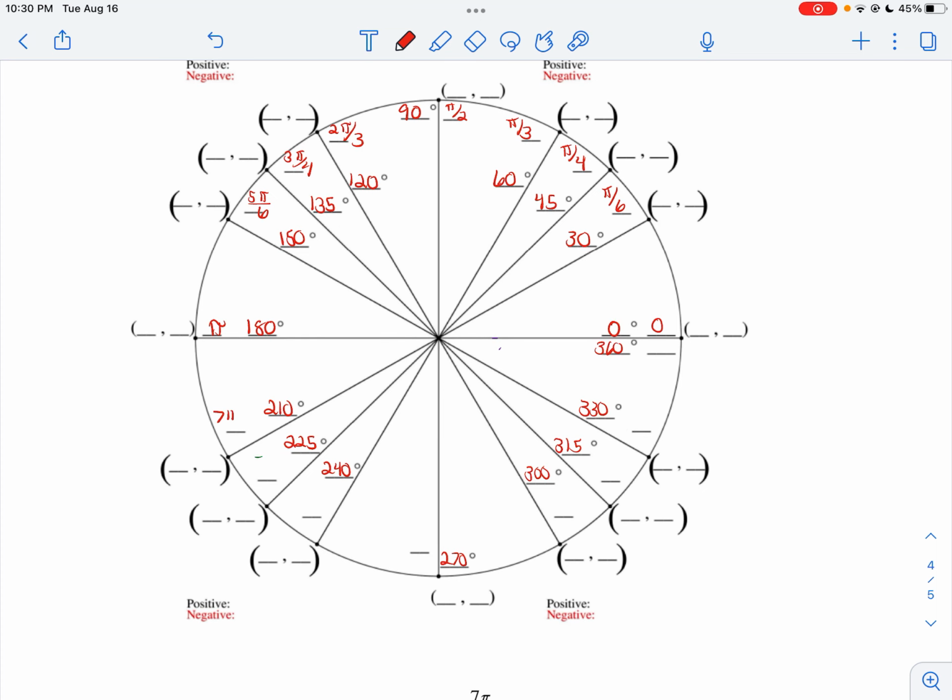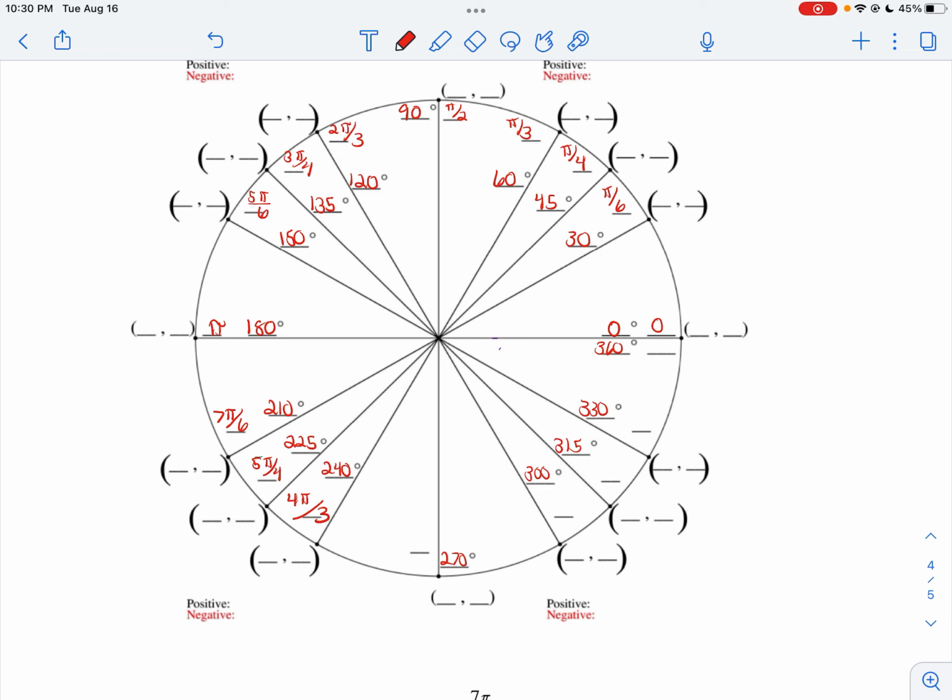210 degrees is 7 pi over 6. 225 degrees is 5 pi over 4. 240 degrees is 4 pi over 3. What am I doing? 5 pi over 3.